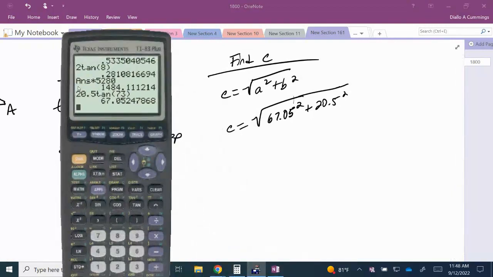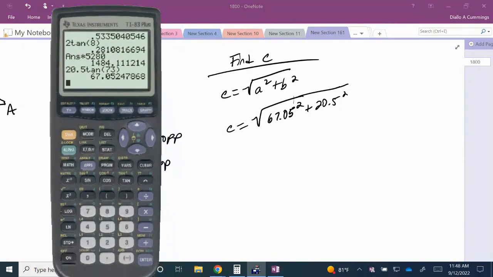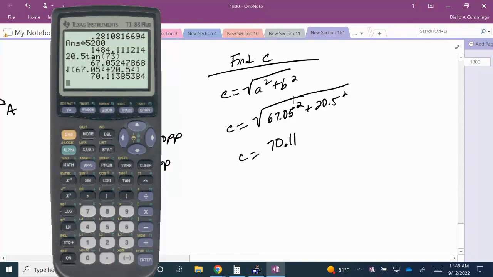And if I put that into the calculator, so that's the square root of 67.05 squared plus 20.5 squared, and we have 70.11.